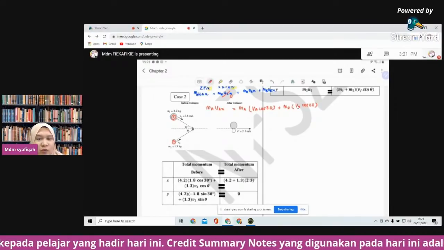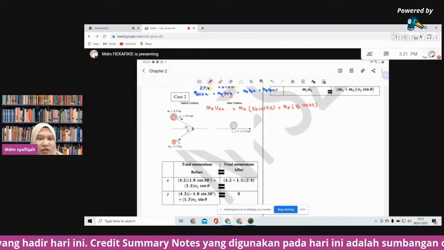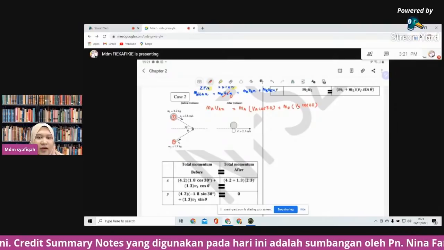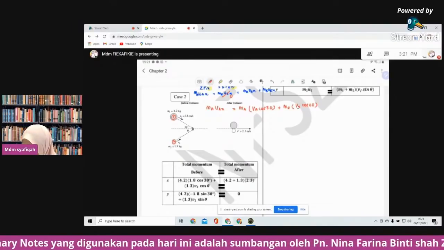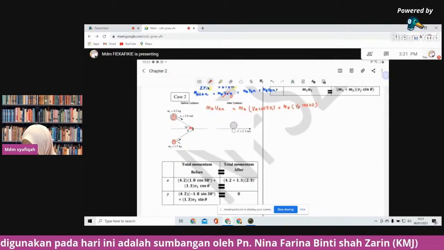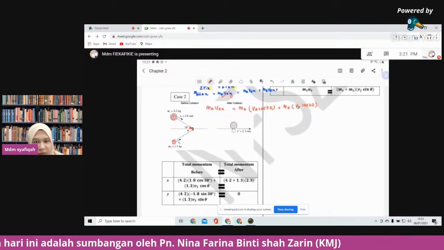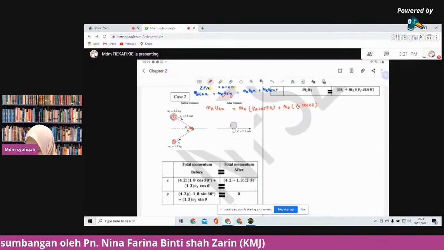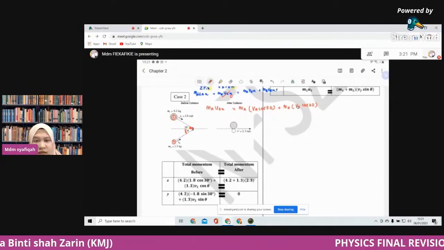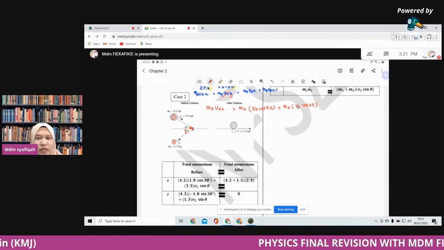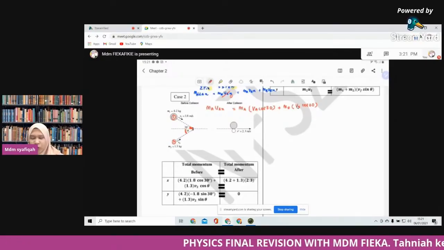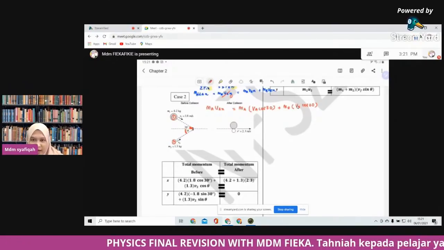Object 1 is initially moving at angle of 30 degree, and mass 2 is moving at this angle. What happened to the collision? Dia terbalik. After collision, 1 and 2 combine together and then they are moving together.